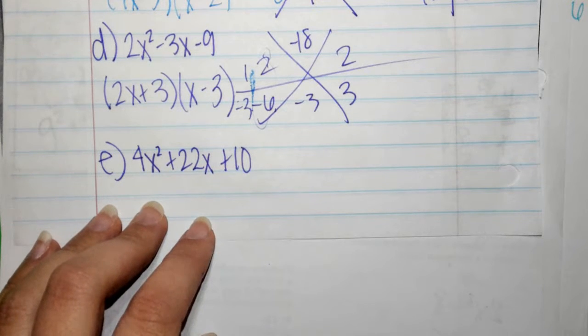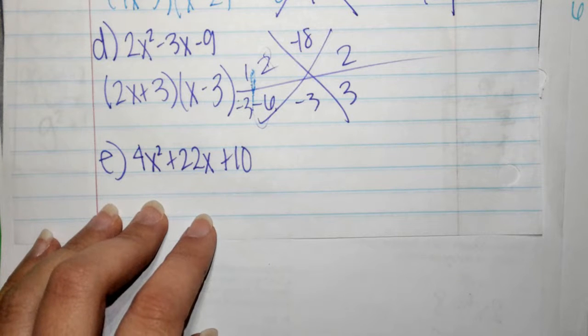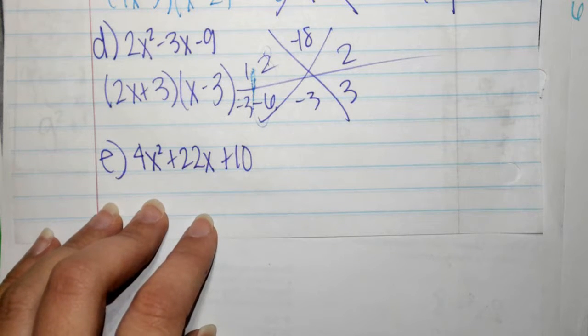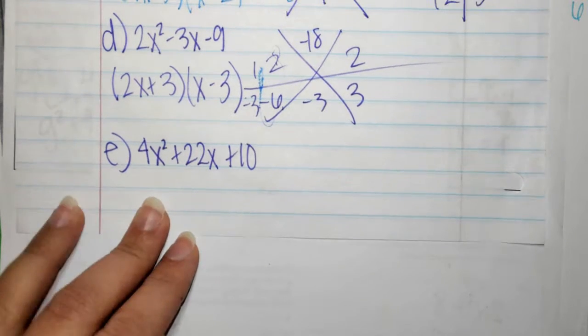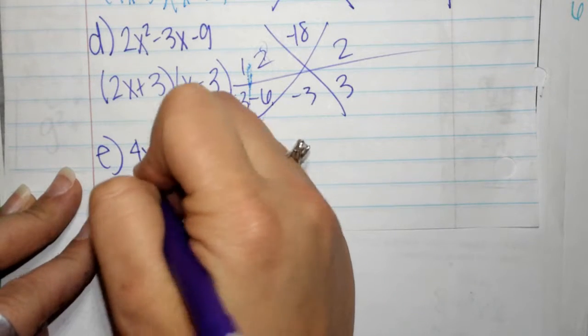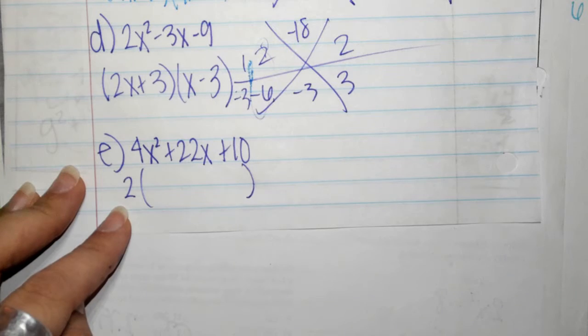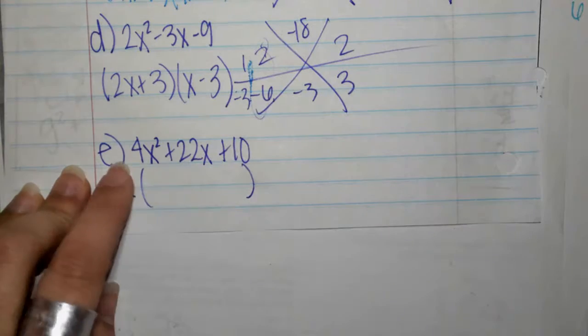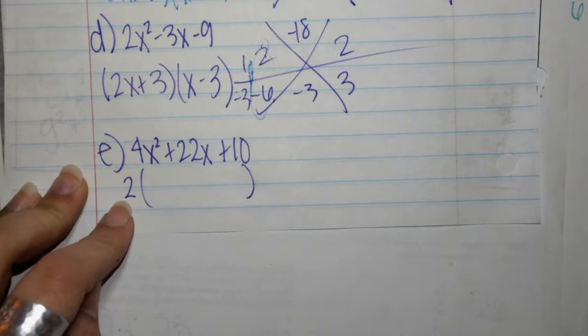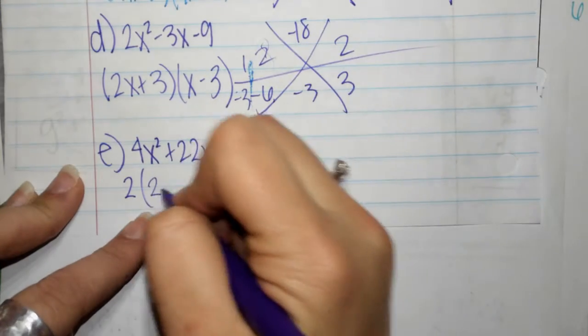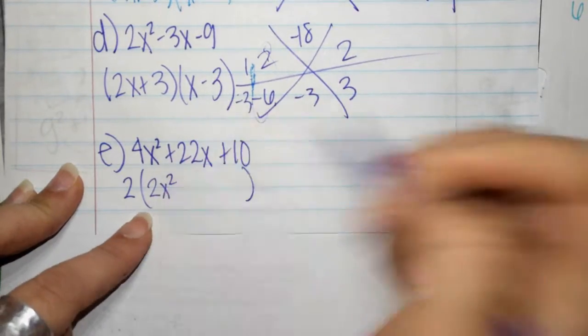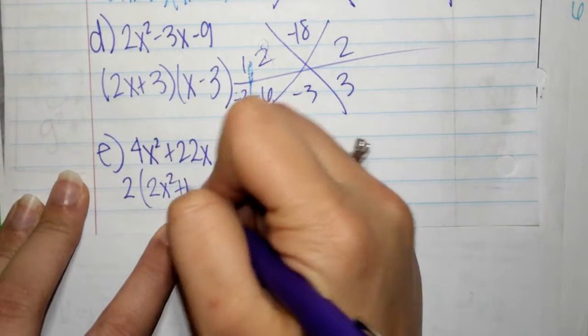Now, the first thing that we have to look for is a GCF. Is there a GCF of this problem? What is it? Everybody factor out a 2. Everybody clap your hands. Alright, what's 4x squared divided by 2? 2. Okay. What's 22x divided by 2?